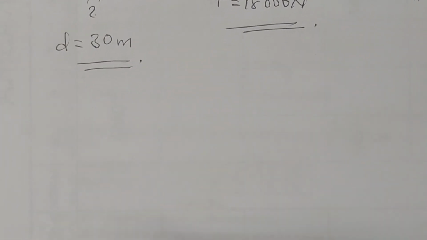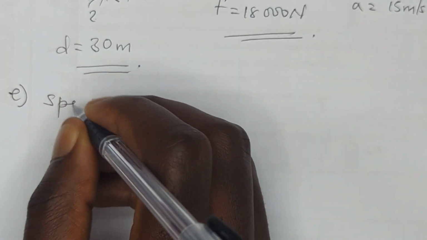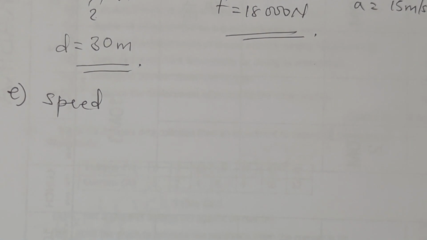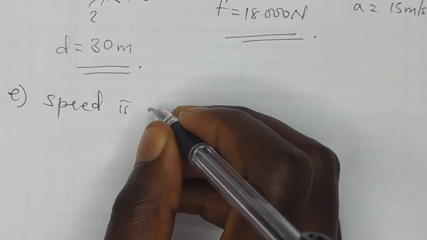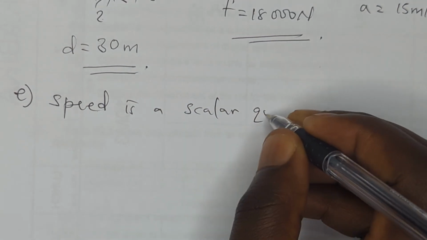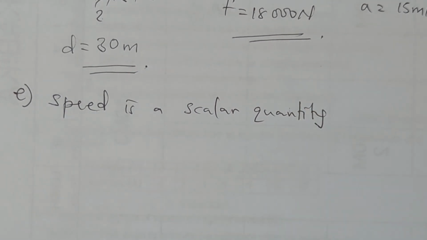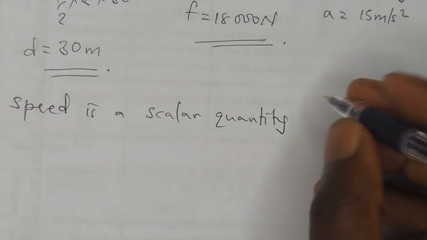So this is number E. The difference between speed and velocity: speed is a scalar quantity. When we say scalar quantity, it means that it has only the magnitude.